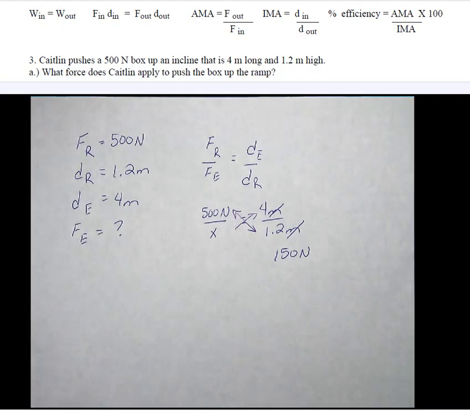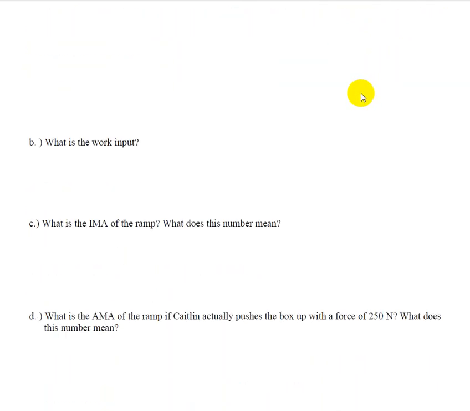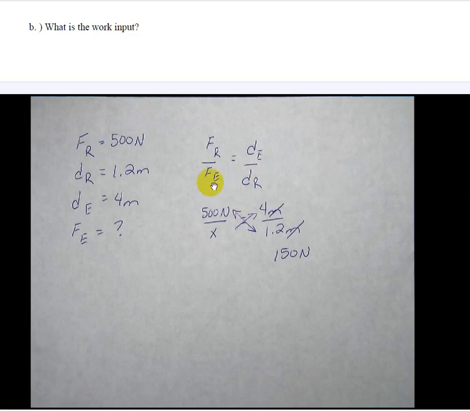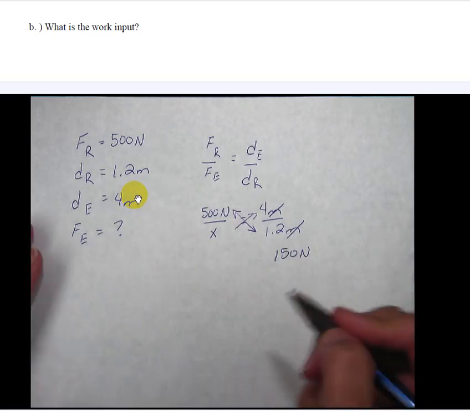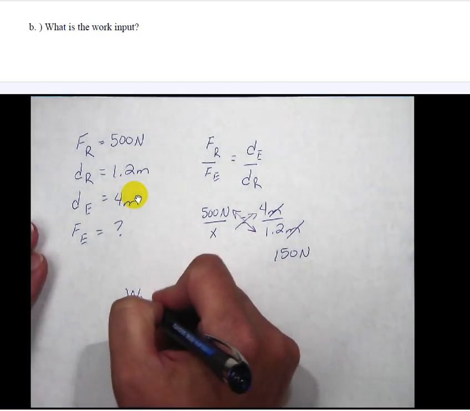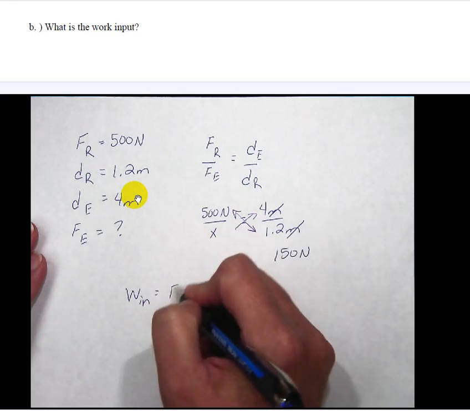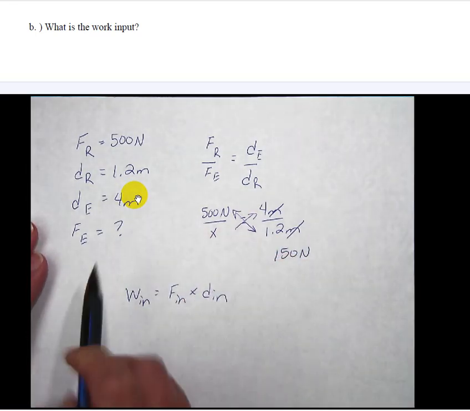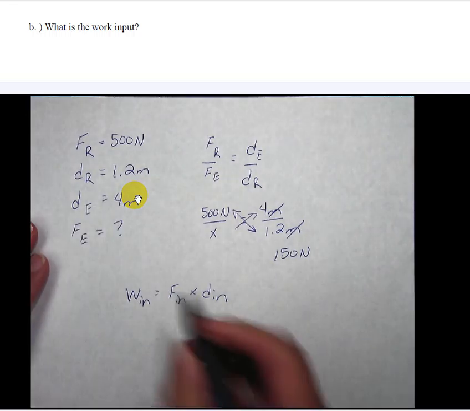So what is the next part of the problem? What is the work input? If our effort is considered in, that would be input. So I'm going to say that work in equals force in times distance in, which is the same thing as effort.